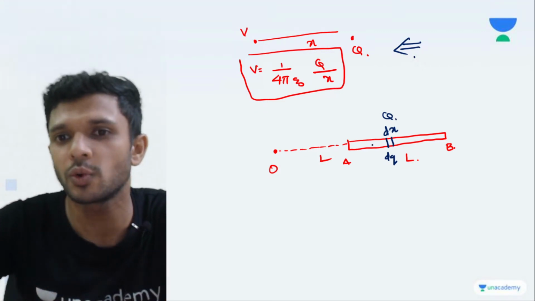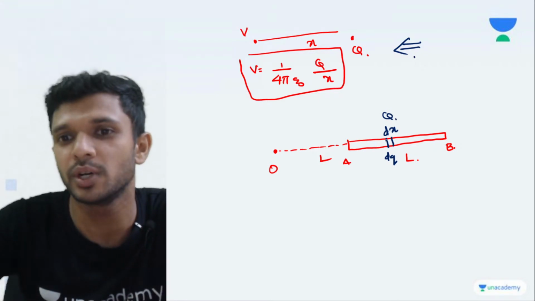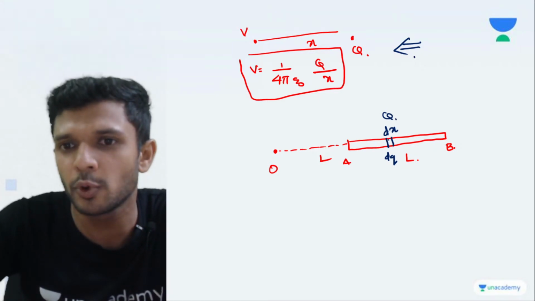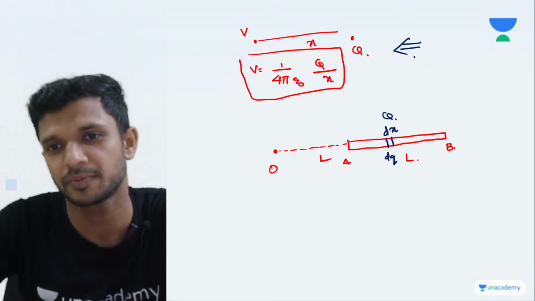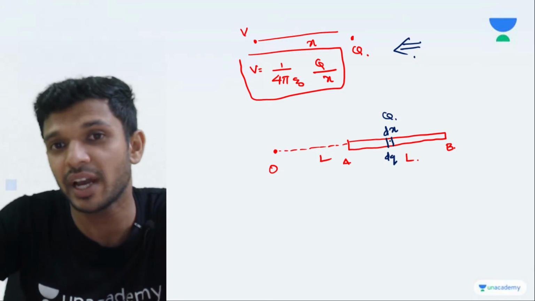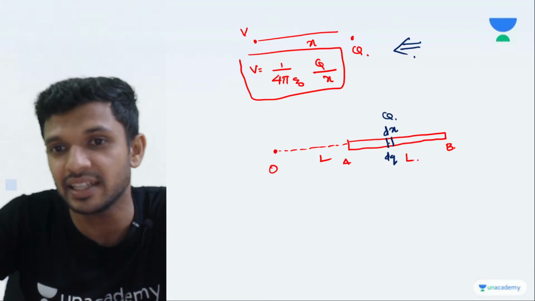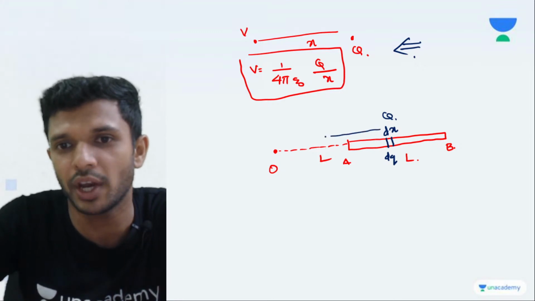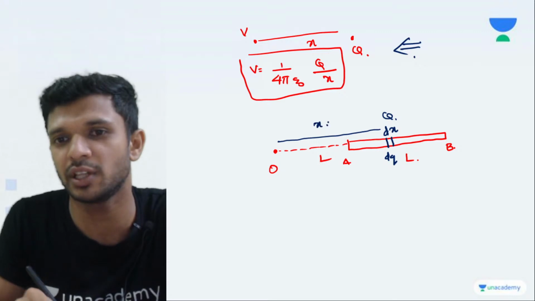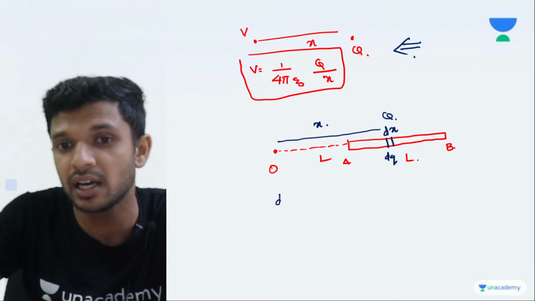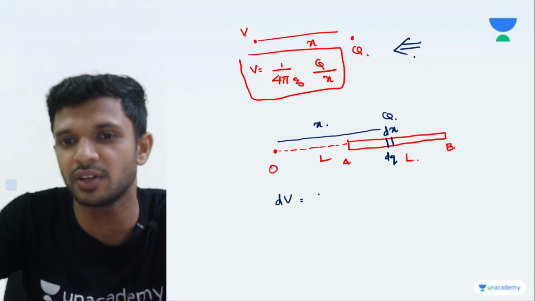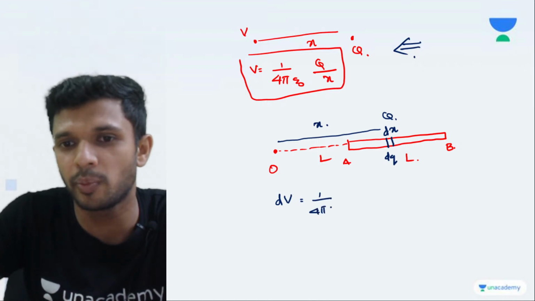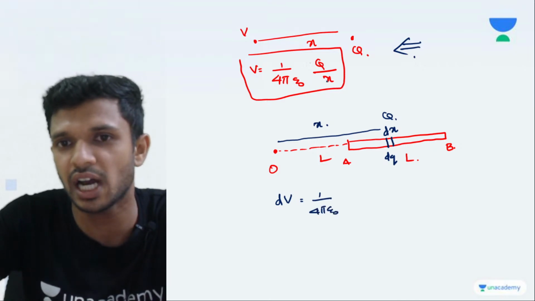Now you can consider this small portion of charge as a point charge. Let us find out the potential produced by this point charge at the point O, which is at a distance of x from it. What will be the formula? The small potential dV will be equal to 1 by 4 pi epsilon 0 charge by x.